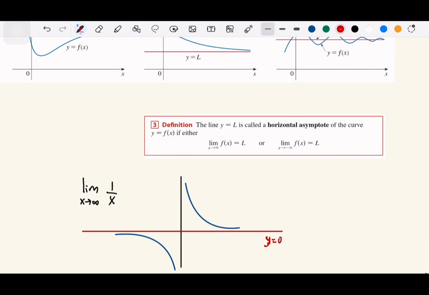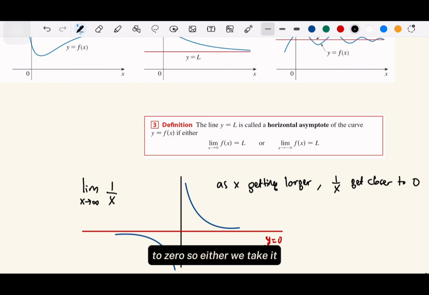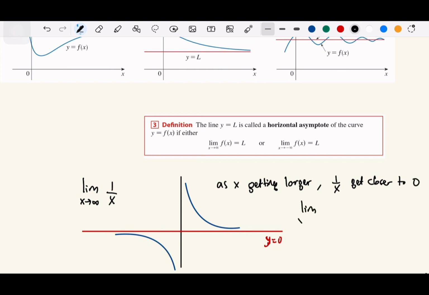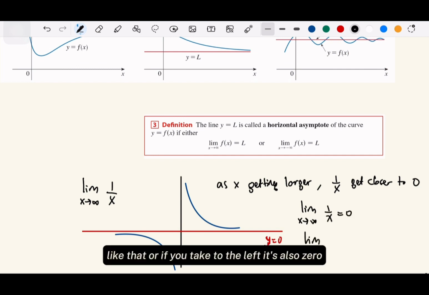Right? So as x is getting larger, either to the positive or negative side, 1 over x gets closer to 0. So either we take it like that, or if we take it to the left, it's also 0.